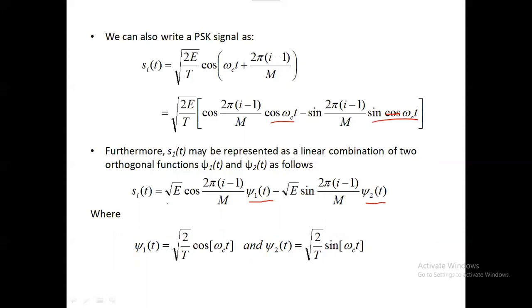And so we simplified the symbol in this form, that root of E cos of 2 pi (i minus 1) by M times phi 1 of t, and similarly for the quadrature component.